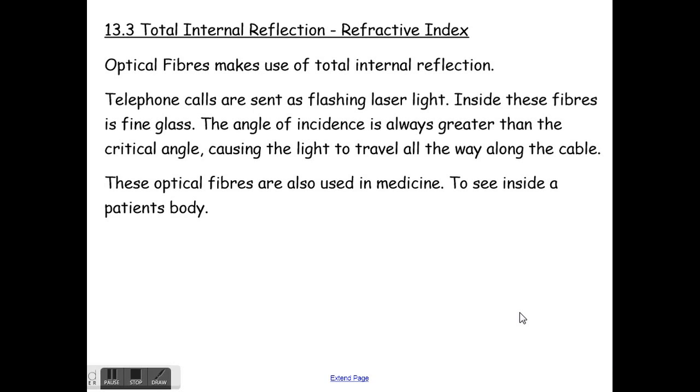Sure. So one thing that makes use of total internal reflection are optical fibers. So I'm sure you've heard of these before. Generally, they're used a lot in telecommunications. So telephone companies have these optical fibers that they use instead of cables that they used to. So for example, telephone calls are sent as a flashing laser.